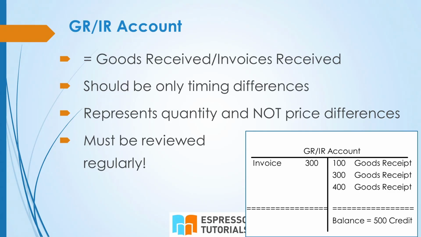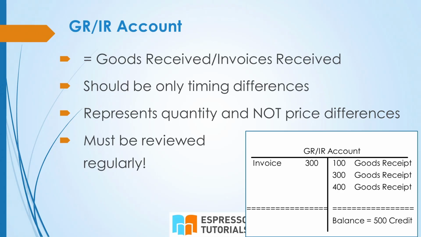Any balance on the account will indicate transactions where some or all of the goods have been received without the related invoice. In other cases, it may represent invoices that have been received without some or all of the goods. Hence, this account usually has something like GRIR in the name, representing goods received/invoice received.